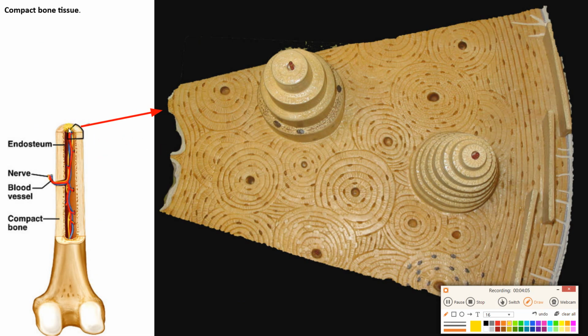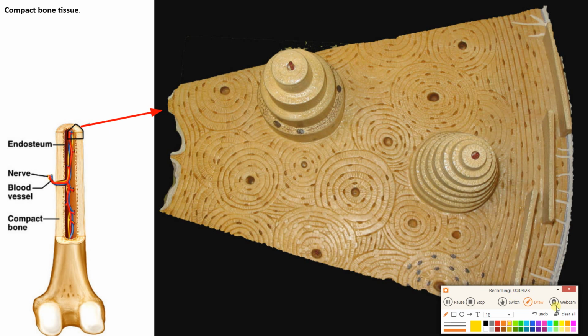Then we are going to cut out a little piece of pie, a wedge of that. And that is what we have here. This is a wedge of compact bone from the diaphysis of the femur. A diaphysis is the shaft of a long bone. The femur is a long bone because it is much longer than it is wide.